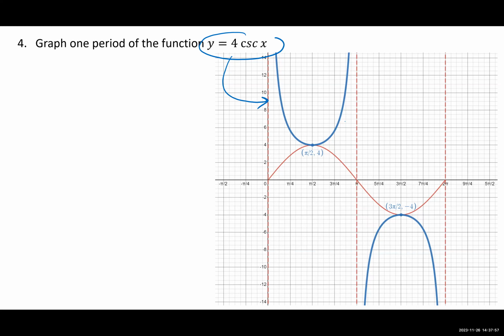It looks sort of like a parabola, but it's not actually a parabola. But these two pieces, there's one on the left and this one on the right, collectively, those two pieces make up the graph of the cosecant function. All right, so we use the sine function as a framework for the cosecant function. And we do that because the sine function is the reciprocal of the cosecant, and the cosecant is the reciprocal of the sine function.